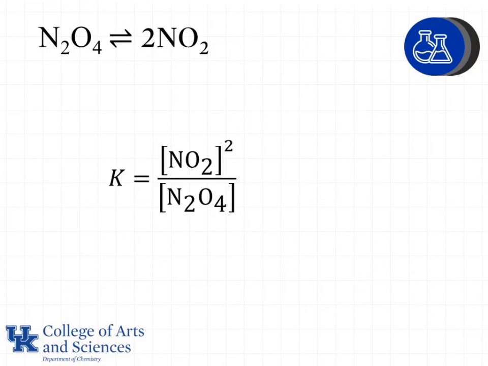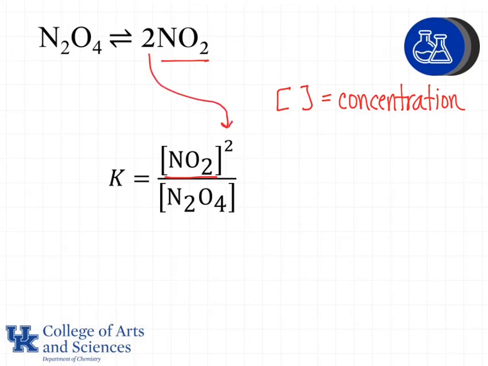Let's look at how we would apply this and write an expression for a specific reaction. So here we're going to look at our products first. So we have NO2. So we show NO2 as the numerator, and the brackets just stand for concentration. These can also be written for pressure, but we're almost exclusively going to look at examples where it's dealing with concentration. The 2, which is the number before the NO2, becomes the power to the concentration.